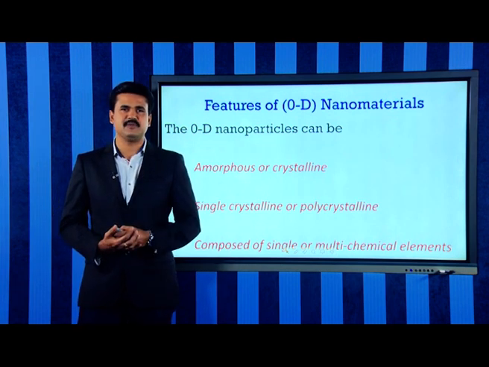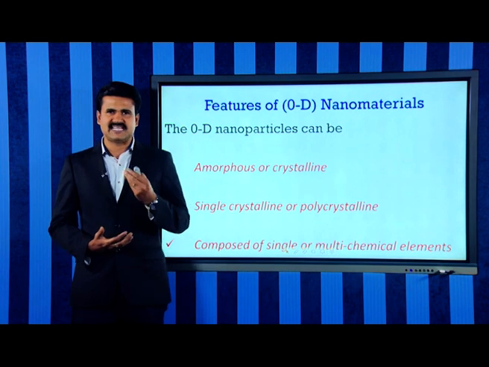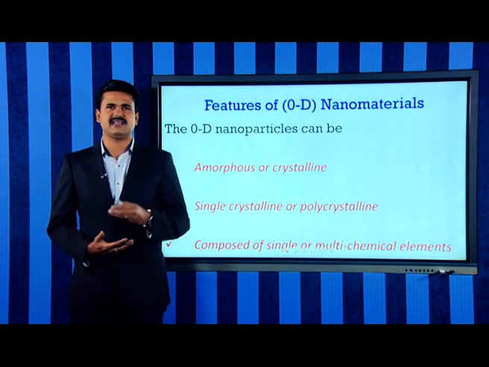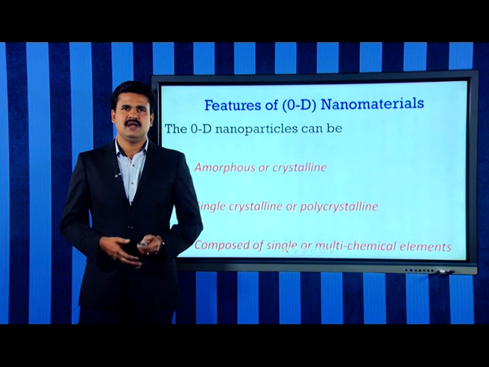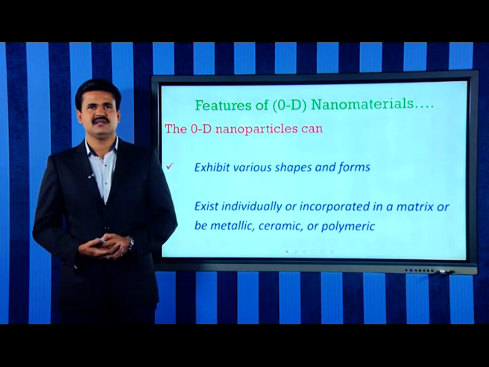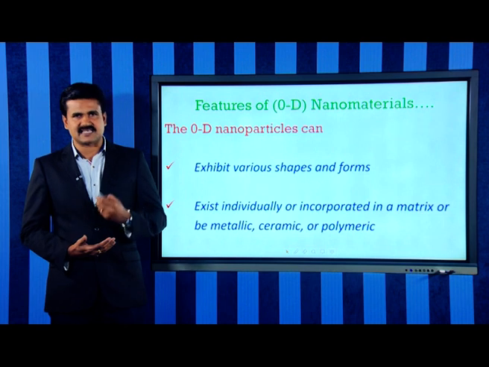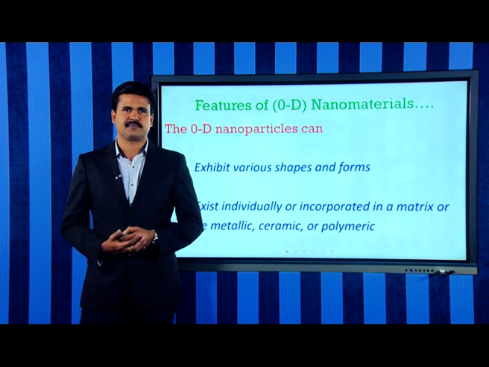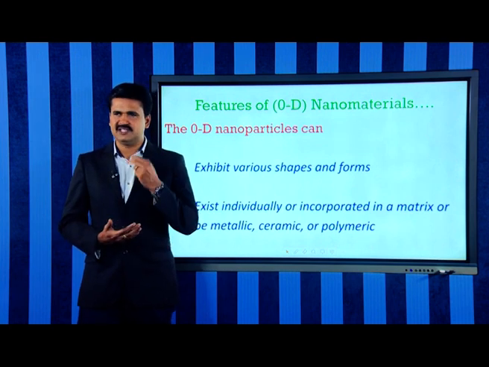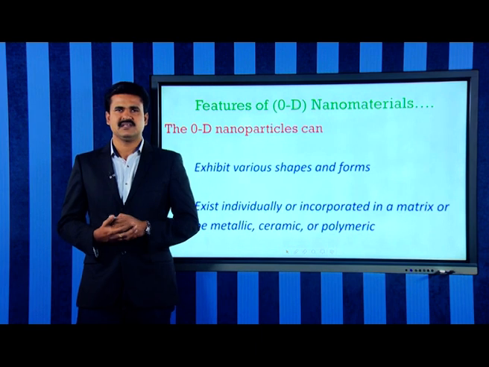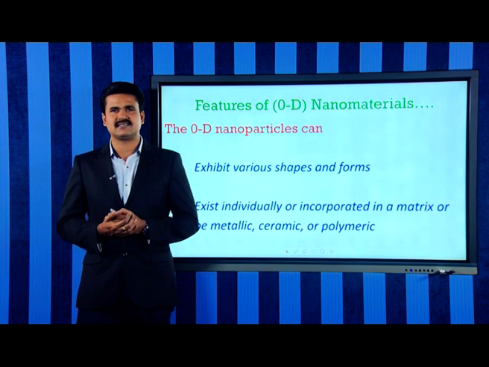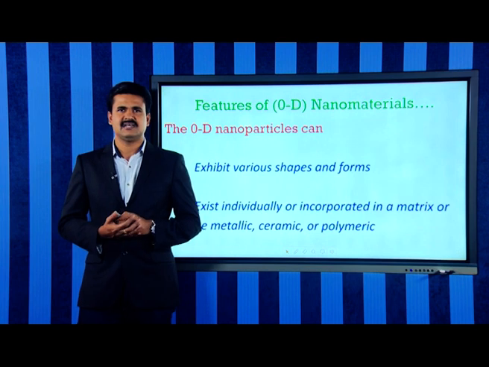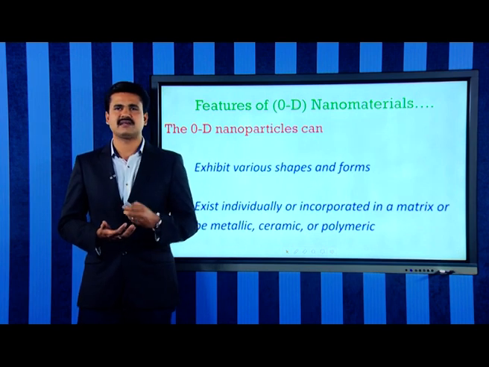The zero-dimensional nanomaterial may be composed of single or multi-chemical elements, and also can exhibit various shapes and forms. They exist individually, or sometimes such nanomaterials can be incorporated in several host matrices. Such zero-dimensional nanomaterials can be metallic, ceramic or polymeric type.